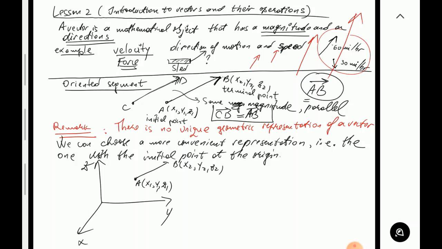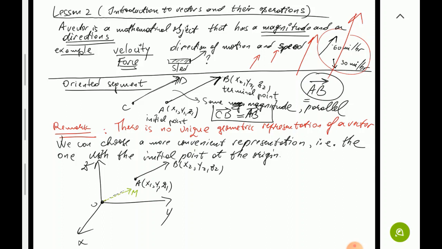I can choose to translate AB. So imagine I start from the origin and draw a vector which is parallel to AB. Let's use a different color here. So parallel to AB, and let's say the terminal point here is M.